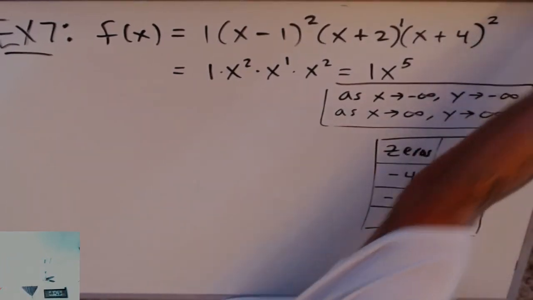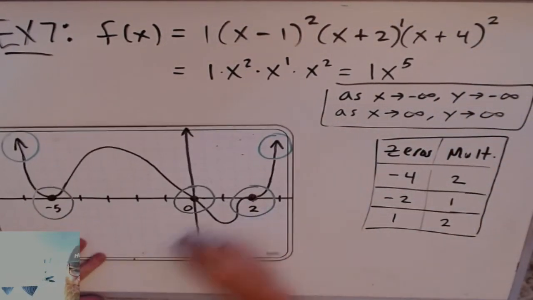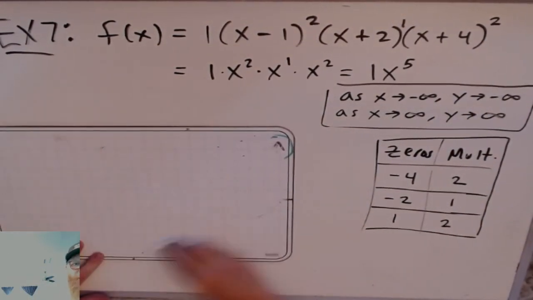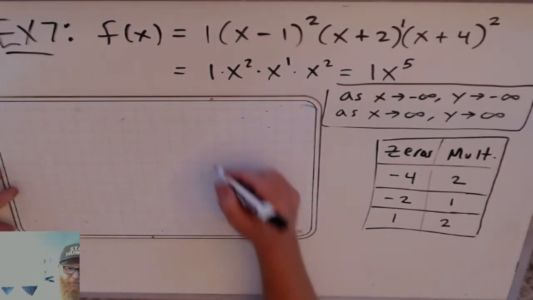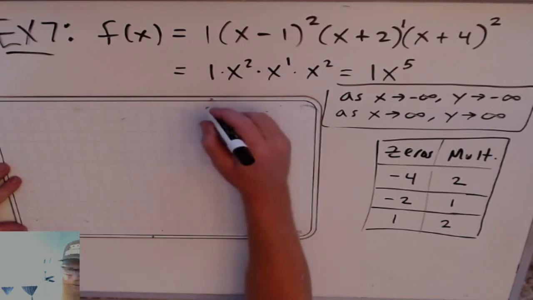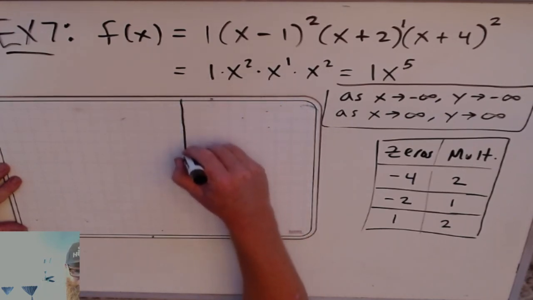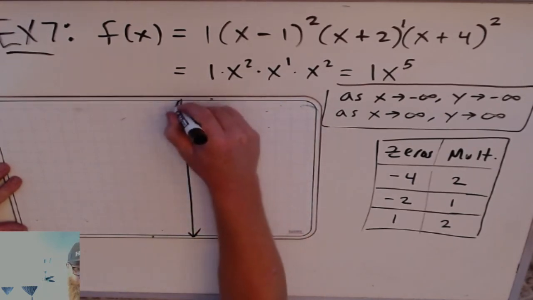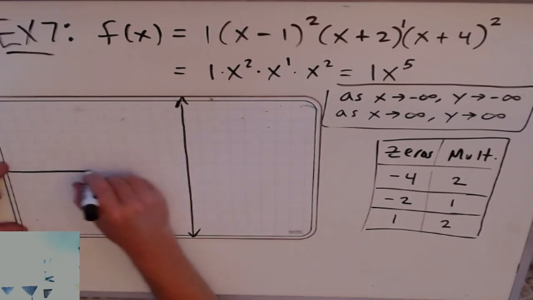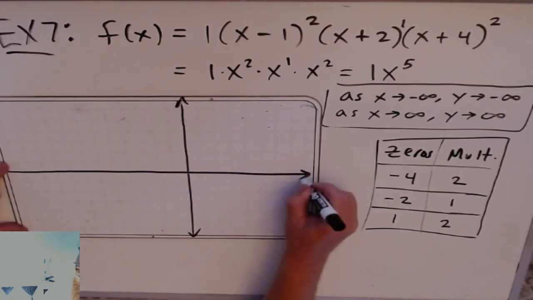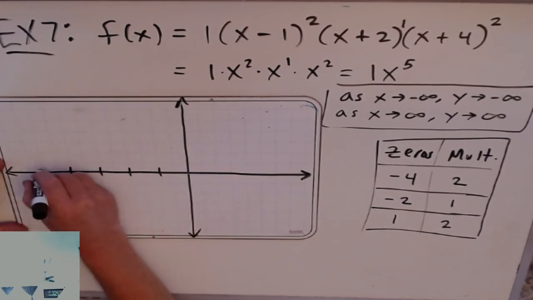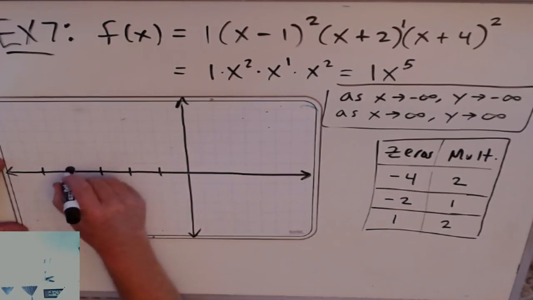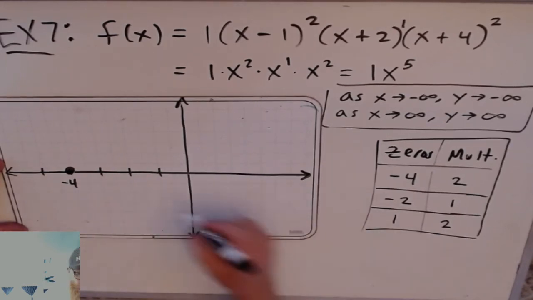All right. Let's see how this one goes. One never knows until you know. So there's -4.